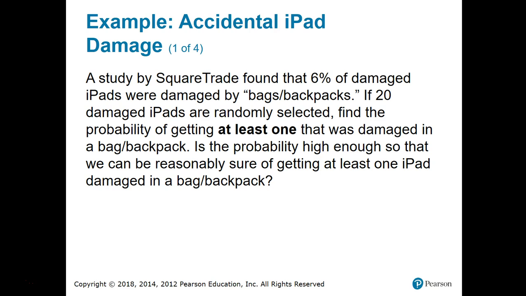Let's take a look at this one. Accidental iPad damage as opposed to intentional iPad damage. A study by Square Trade found 6% of damaged iPads were damaged by bags or backpacks. If 20 damaged iPads are randomly selected, find the probability of getting at least one that was damaged in a bag or backpack. Is the probability high enough so that we can reasonably be sure of getting at least one iPad damaged by a bag or backpack?